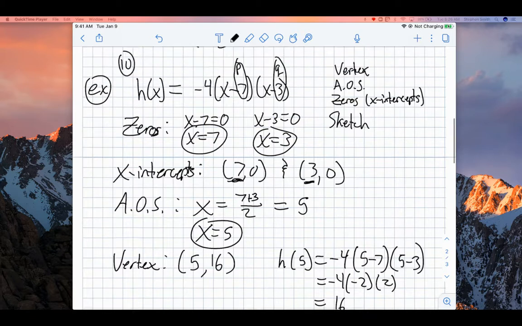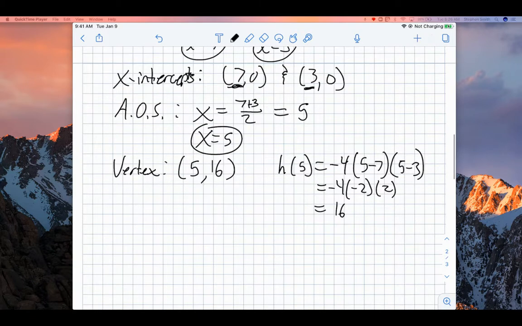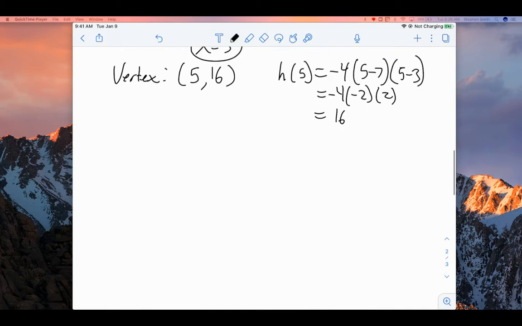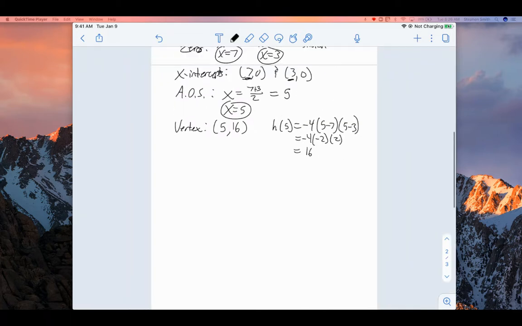And then the last thing we're going to do is sketch this. Again, we're dropping graph paper because I'm not going to do 16 squares. All right, the pieces that we have. We've got a graph, a vertex somewhere at 5, 16. It's going to be something like this.